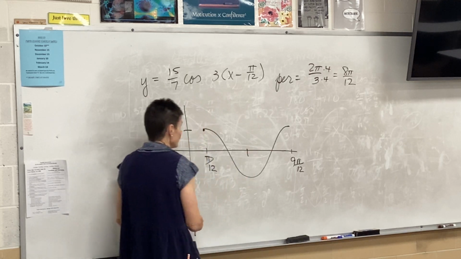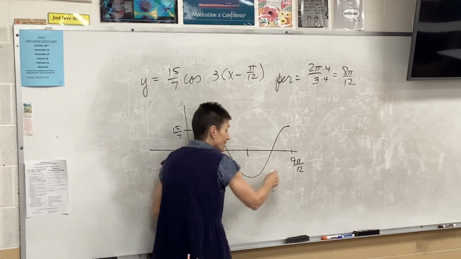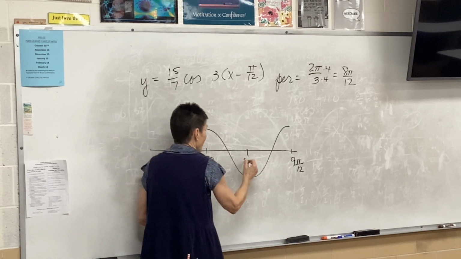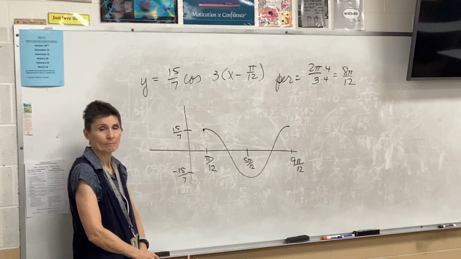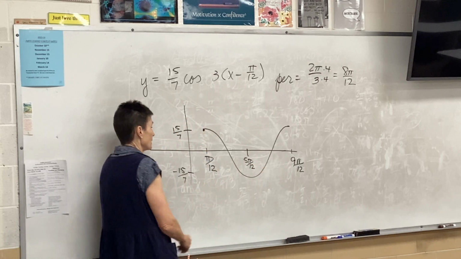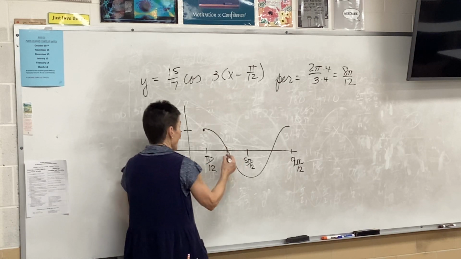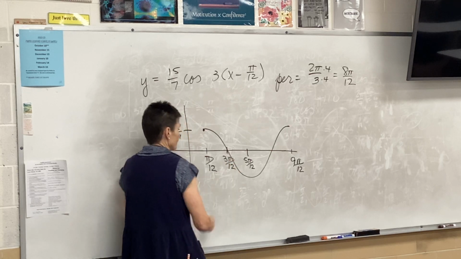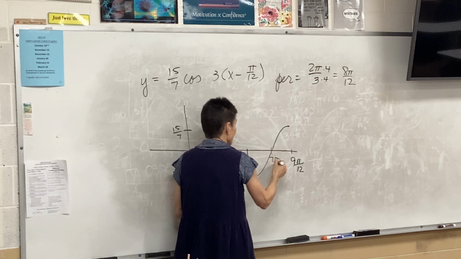Halfway in the middle, in other words, the valley here, 1 and 9 is 10, half of 10 is 5, so this is 5/12 right here. Right in the middle, 1 and 5 is 6, half of 6 is 3. 5 and 9 is 14, half of that is 7.